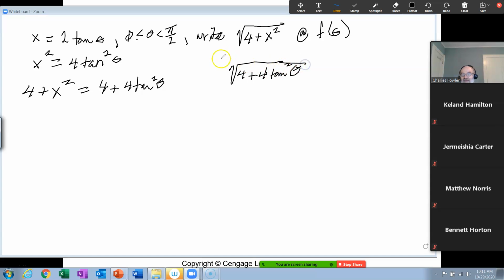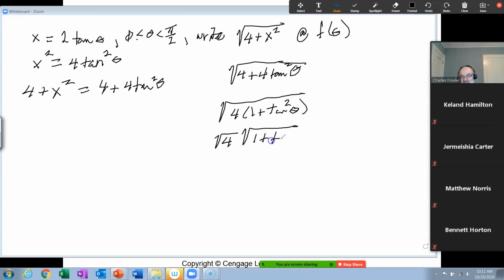Now, that is a function of theta, but we can do a little better than that. Here we have a common factor of 4, so let's pull that out. That would be the square root of 4 times 1 plus tangent squared theta. Follow that? Okay, well, let's separate those. That would be the square root of 4 times the square root of 1 plus tangent squared theta.